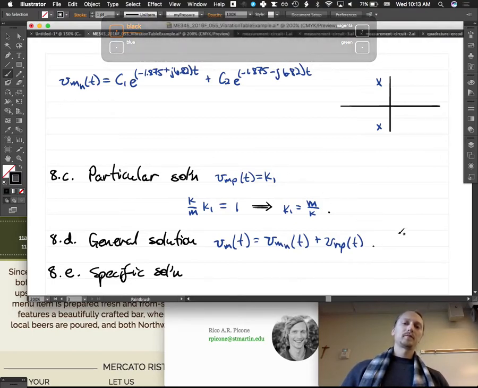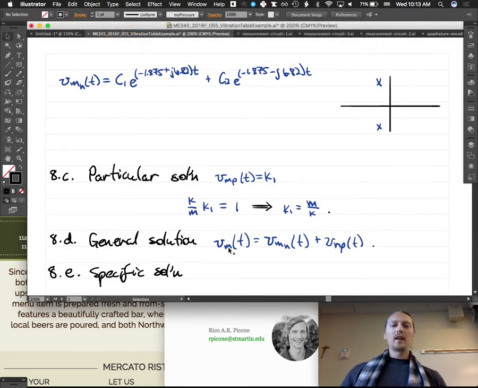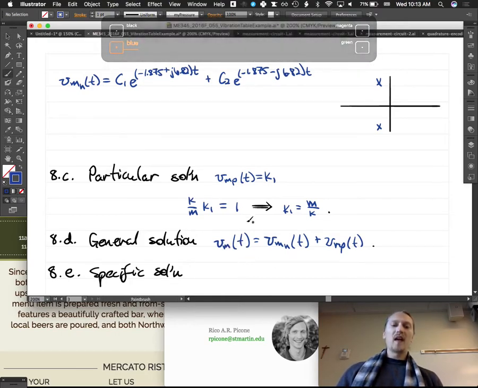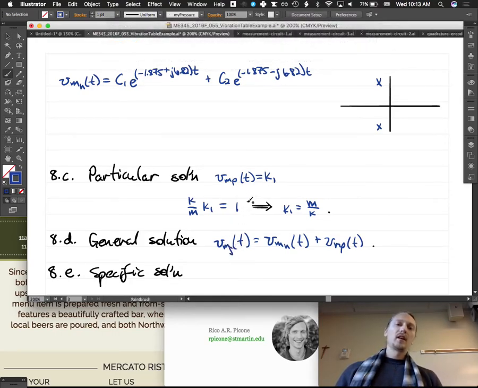I am actually going to put, in this case, a little subscript s for the step here, just to delineate. This is the general solution for the step input, right?